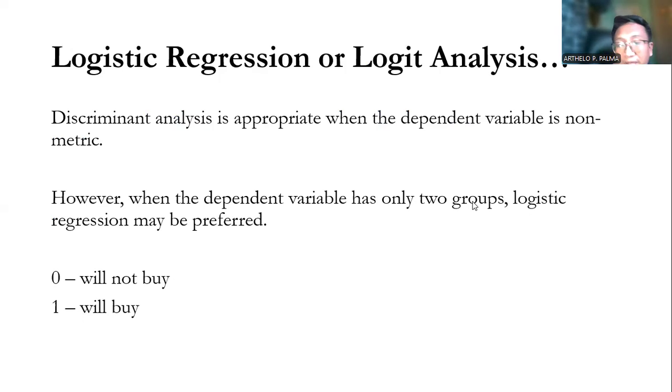That's why it's called binary. That could be your dependent variable, and you are interested in finding out what factors would trigger someone to buy or not buy a certain product. So that's logistic regression, or we call it logit analysis.